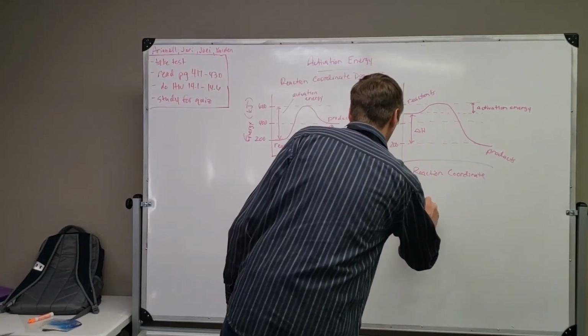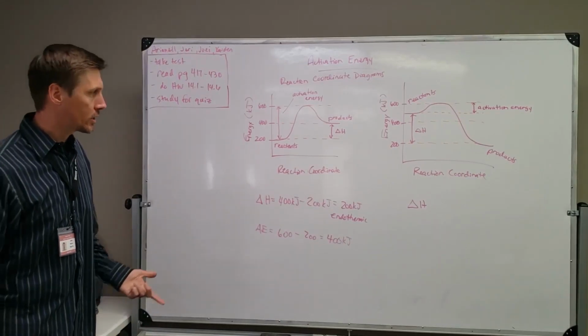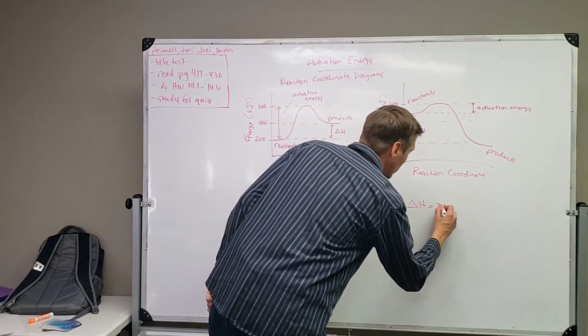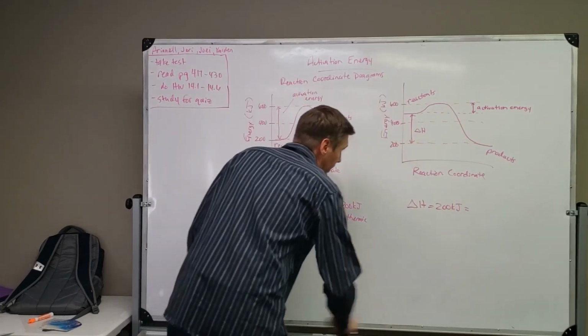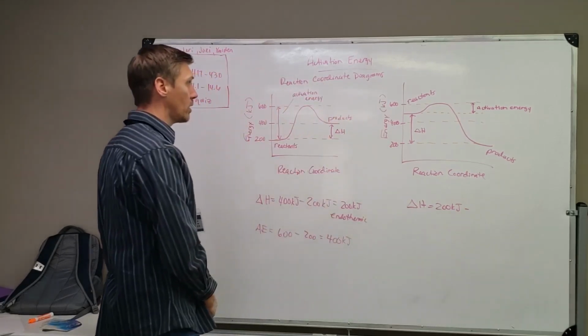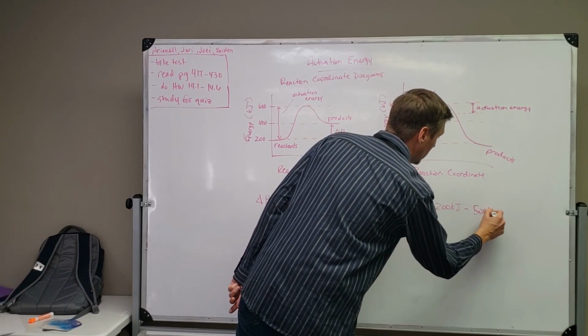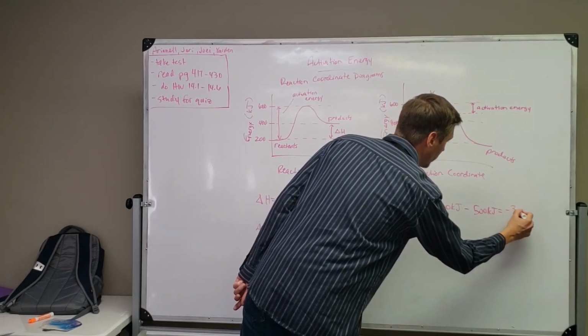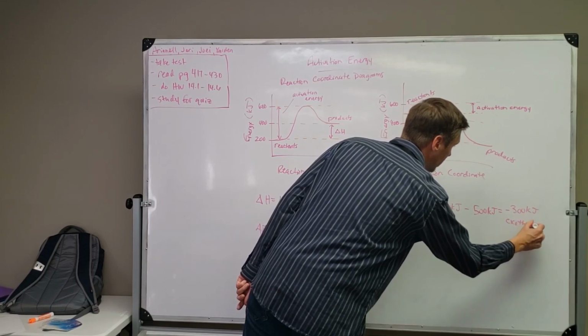Change in H for this one: the products ended at 200 kilojoules, minus the energy that we started with, and in this case, we started with 500 kilojoules of energy. So this one is negative 300 kilojoules, our change in H, so this reaction is exothermic.